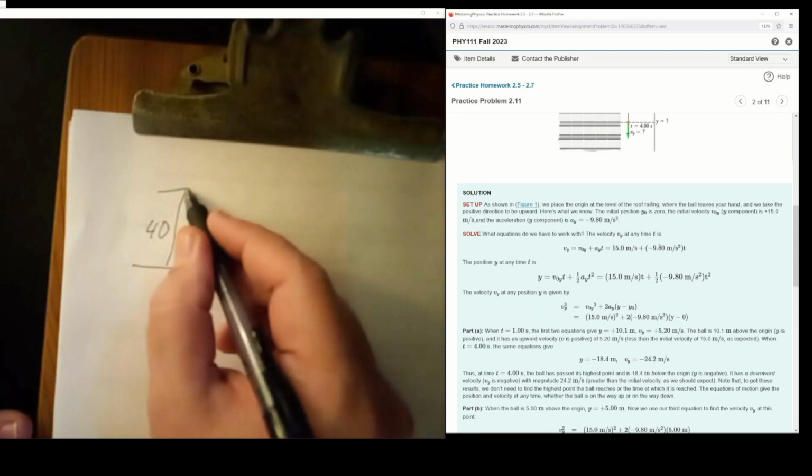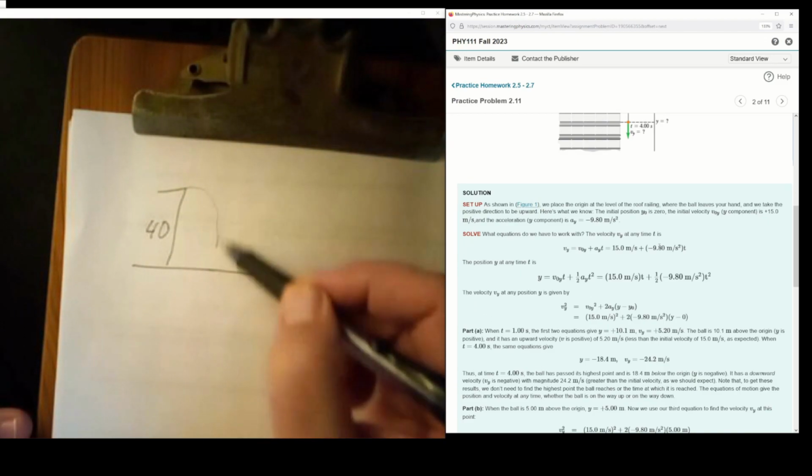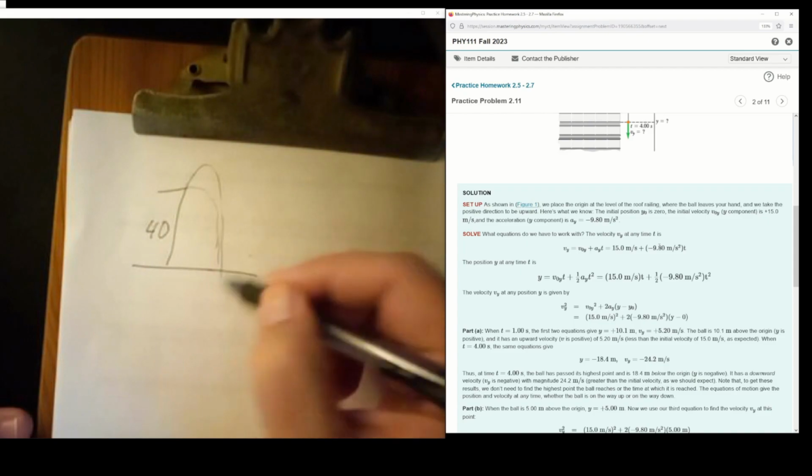And so I'm trying to look to see if they want us to just throw it off the edge, kind of like that, or are we giving it some angle that throws it up into the air like this? Because this problem right here does show that they're throwing it straight up.